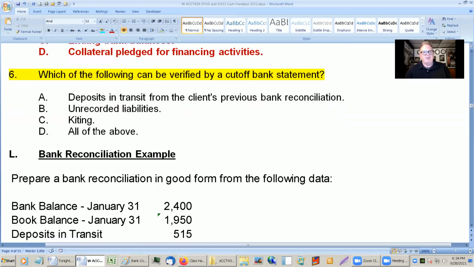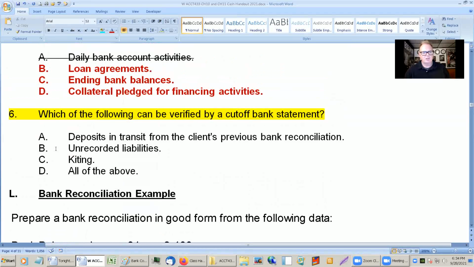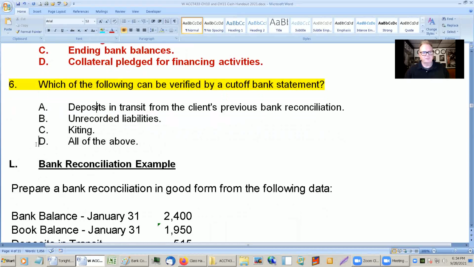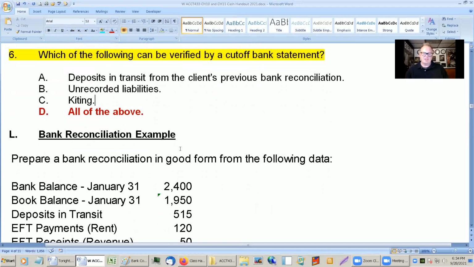Okay, which can be verified through a cutoff bank statement? And the answer is all of these. All of the above. Deposits in transit.